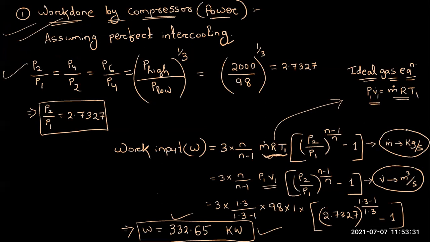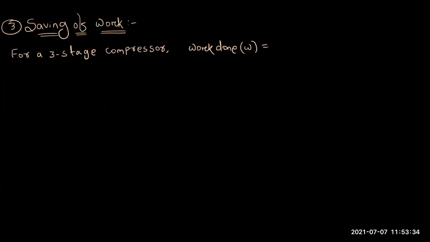For a 3-stage compressor, work done W equal to how much we have calculated. Okay, so work done we have calculated is 332.65 kilowatt. For a 3-stage compressor, this is the work done we have already calculated. For a single-stage compressor, we will calculate the work.